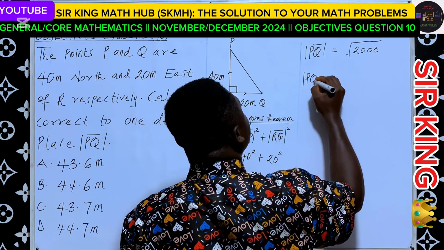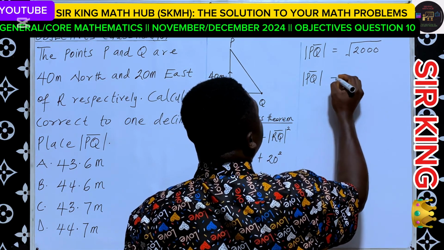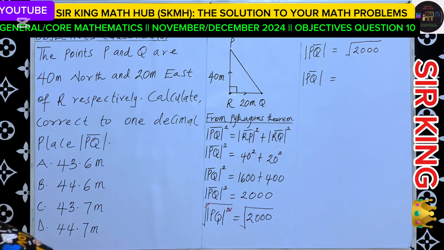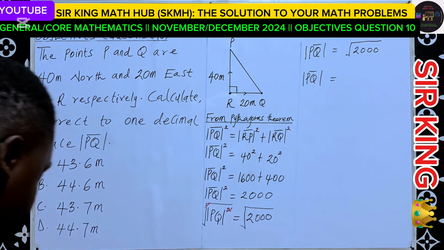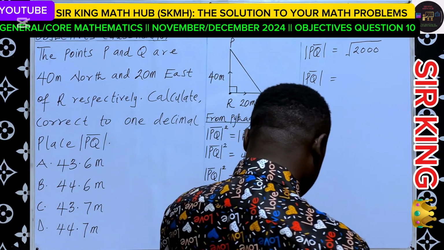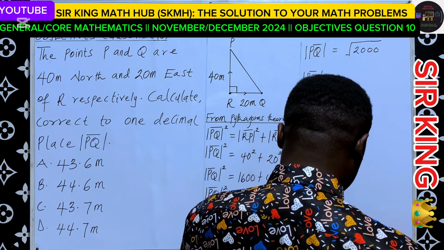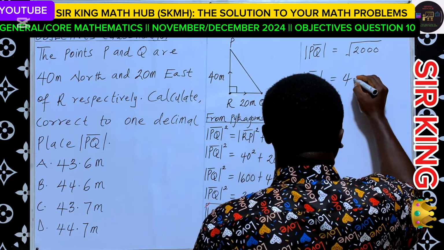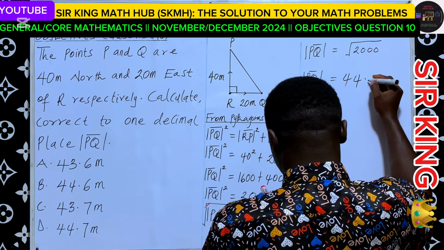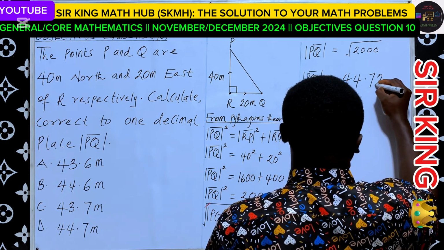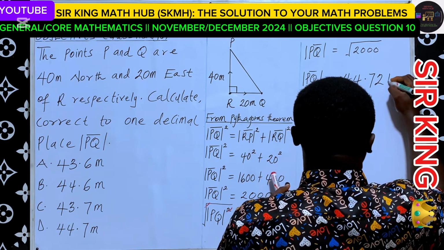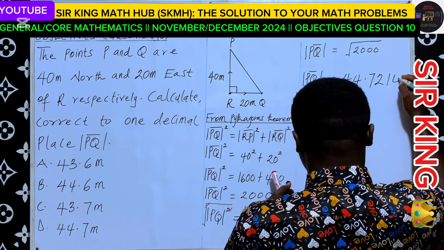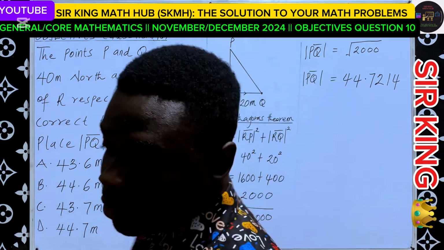So what is the square root of 2,000? You can refer to our calculator, square root of 2,000. So we have 44.7214.